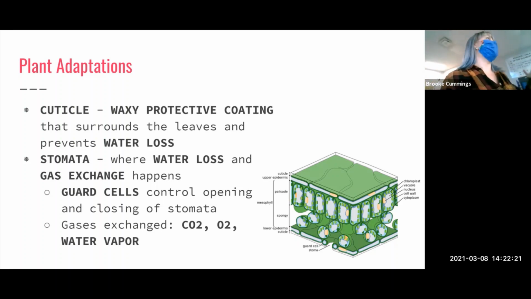Then we have the stomata, which I've mentioned 5 million times up to this point, I feel like. So stomata are pores or like holes on the backside of the leaves. They're going to be there for gas exchange and water evaporation.